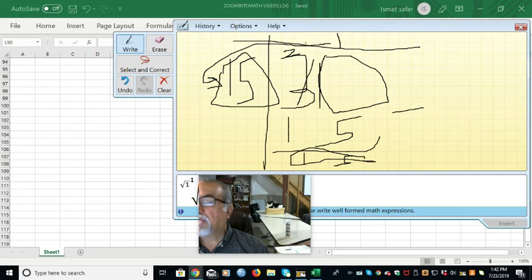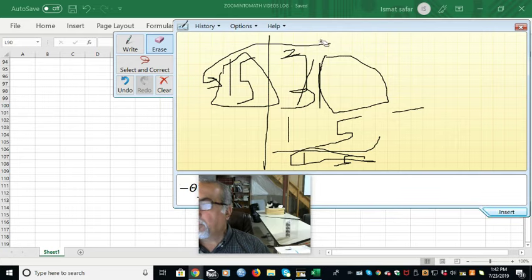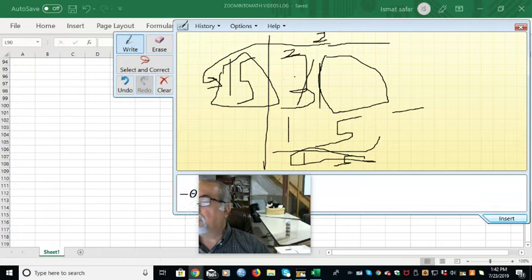We erase this one because there is room for one more 15. So on the top here is 2, let's say 2, not 1. So let's erase this and this.